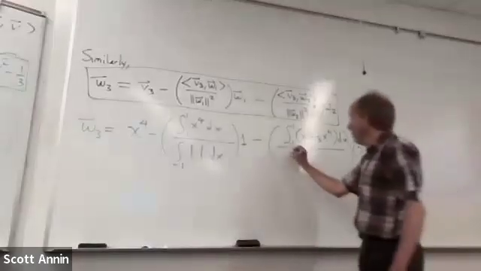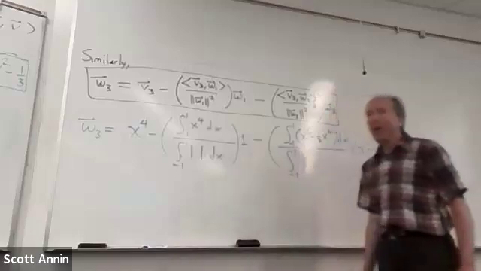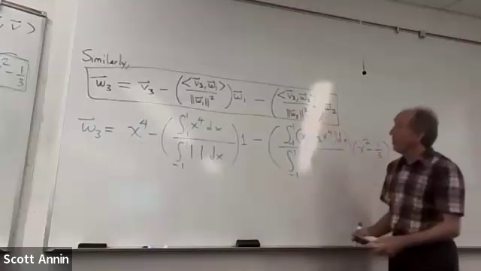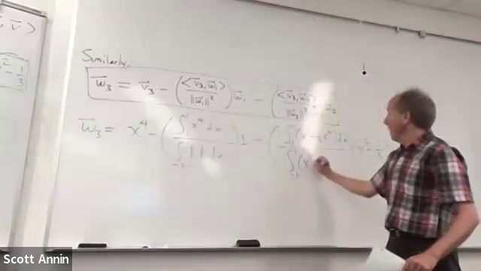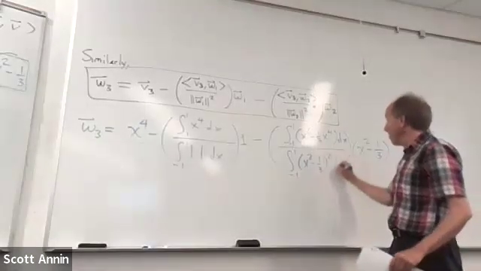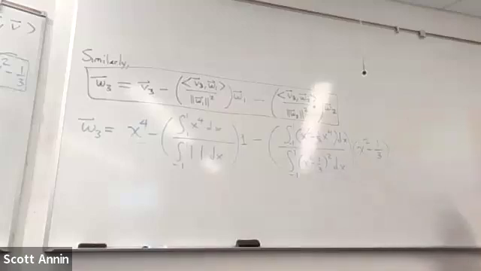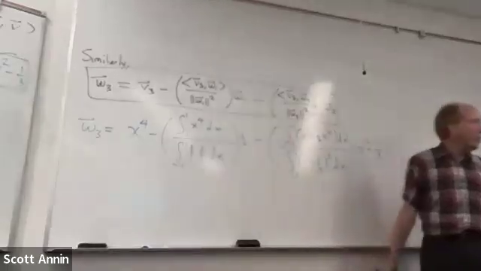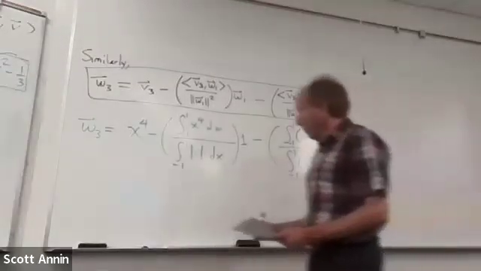And then on the bottom, we have to integrate minus 1 to 1 of the inner product of W2 with itself. So that would just be x squared minus 1/3 squared. Okay, so it looks kind of messy, guys, but all of these things are just integrals. They're just integrals that you have to calculate.